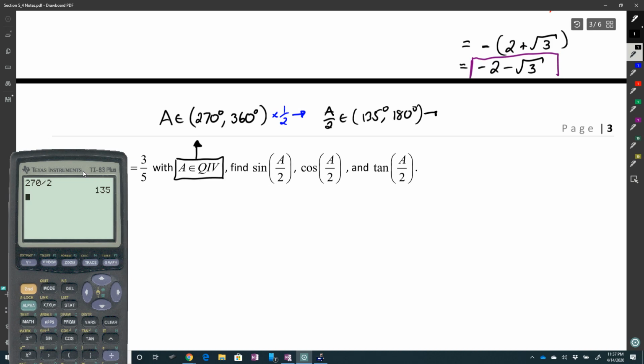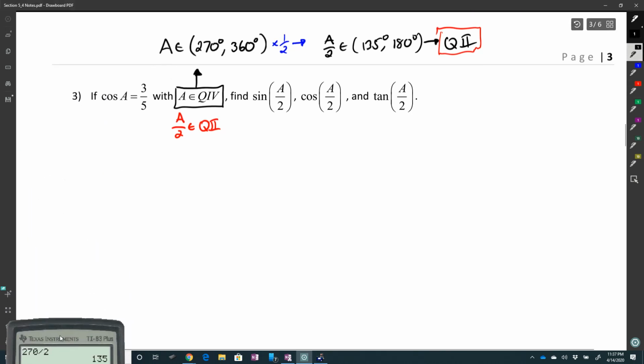And all of this is in quadrant 2. Okay, so A is in quadrant 4, whereas A over 2 is in quadrant 2.